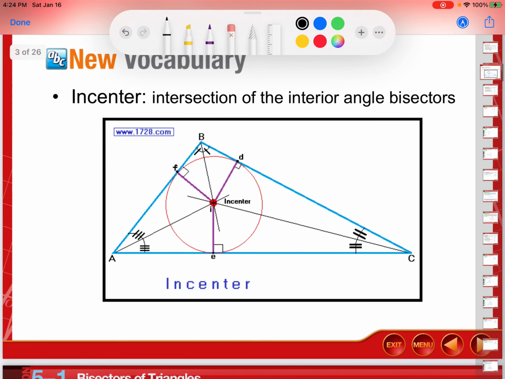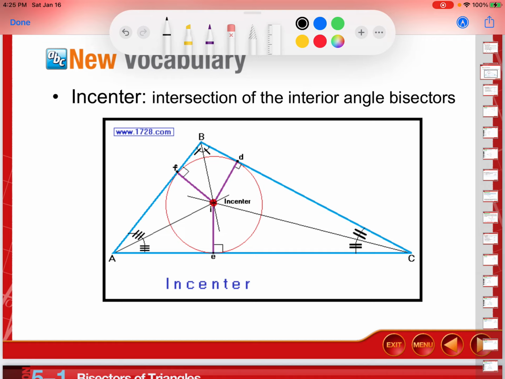All right, moving on. So the incenter is the intersection of the interior angle bisectors. So if you draw in an angle bisector, just a refresher, an angle bisector is a ray or a line segment that bisects the interior angle. So it cuts the angle in half.